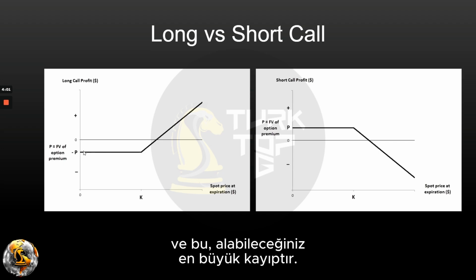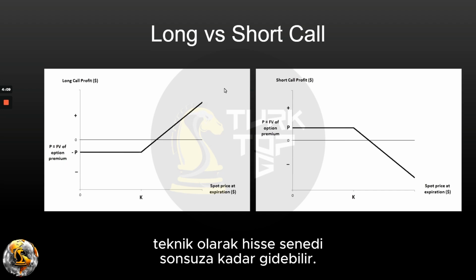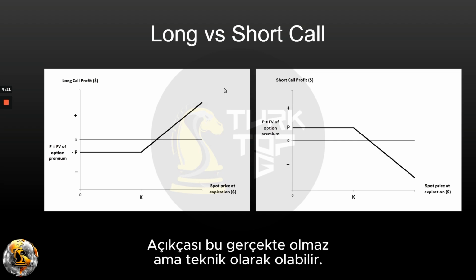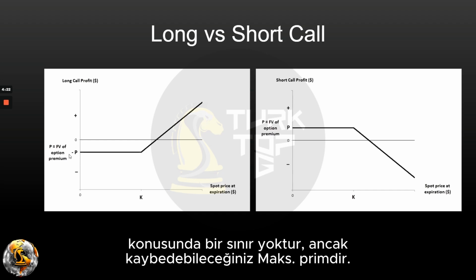That's the max loss you can get. The max profit you can get is unlimited because technically the stock can go to infinity. Obviously, that does not happen in reality, but technically it can. So there is no cap on how much money you can make if you're long a call, but the max you can lose is the premium.